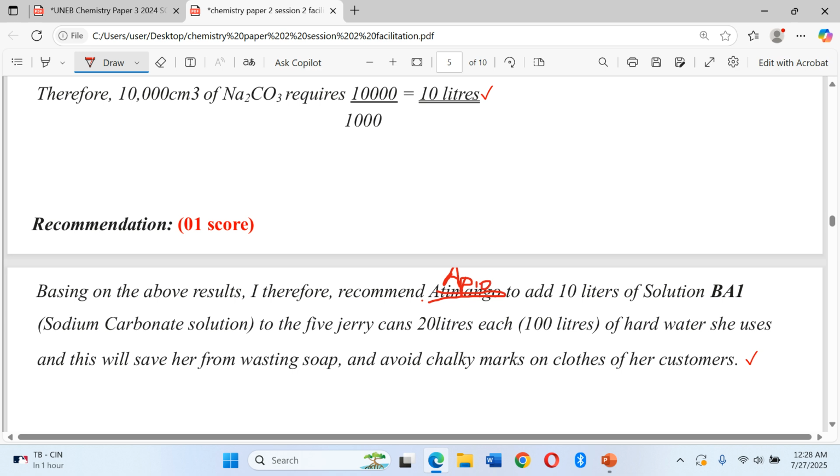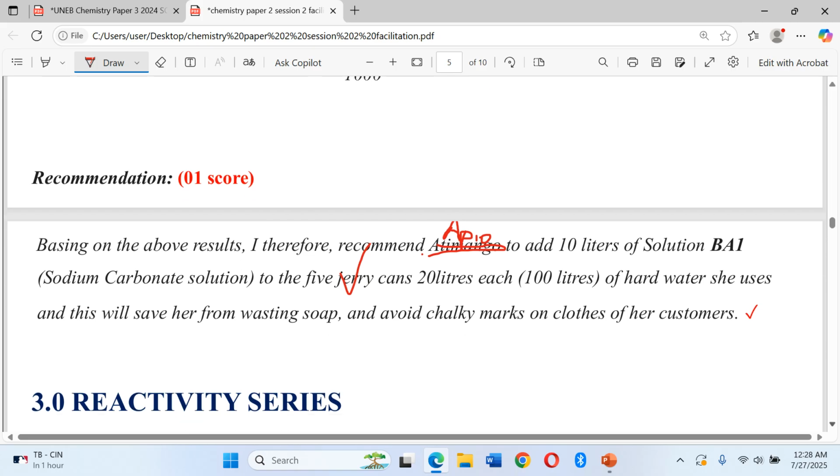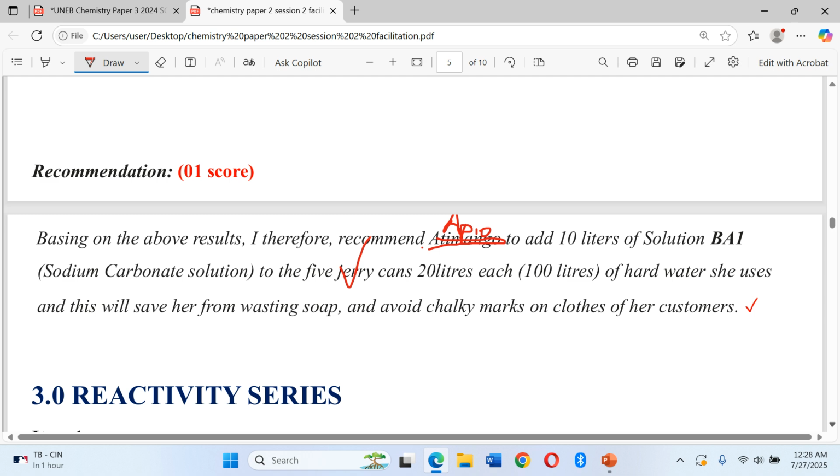So basing on the above results, I therefore recommend Appeal to add 10 liters of solution BA1 to the 5 jerrycans, 20 liters each, of water she uses, and this will save her from wasting soap and avoid chalk marks on the clothes of her customers. I believe that was very, very clear.